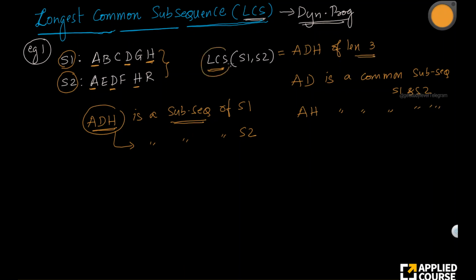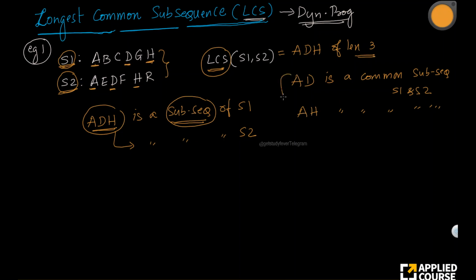So the longest common subsequence is a subsequence of strings S1 and S2. I hope you understood the concept of a subsequence. It's not a substring. Very important to note. If you pick any sequence of characters, as long as they maintain this order, that is called a subsequence. So ADH is a subsequence, ABC is a subsequence, ABD is a subsequence.